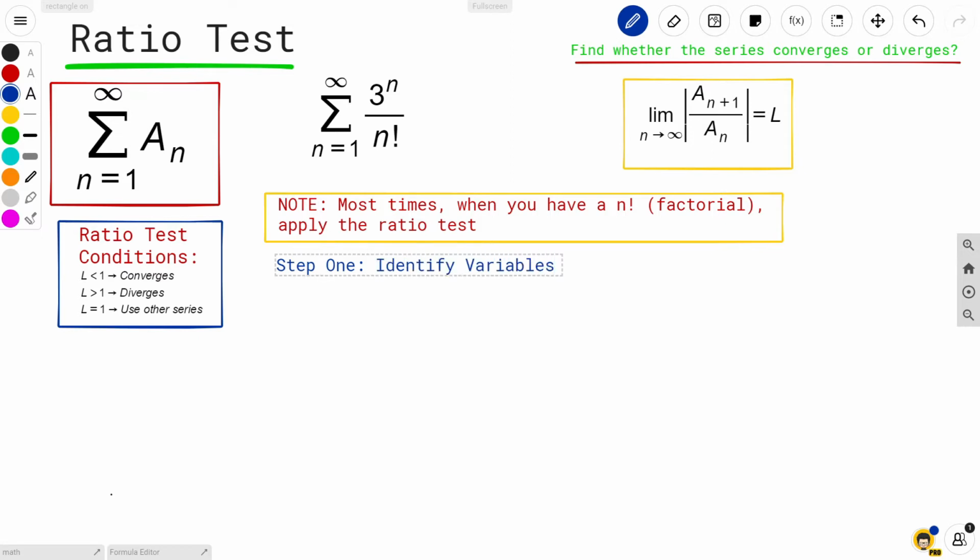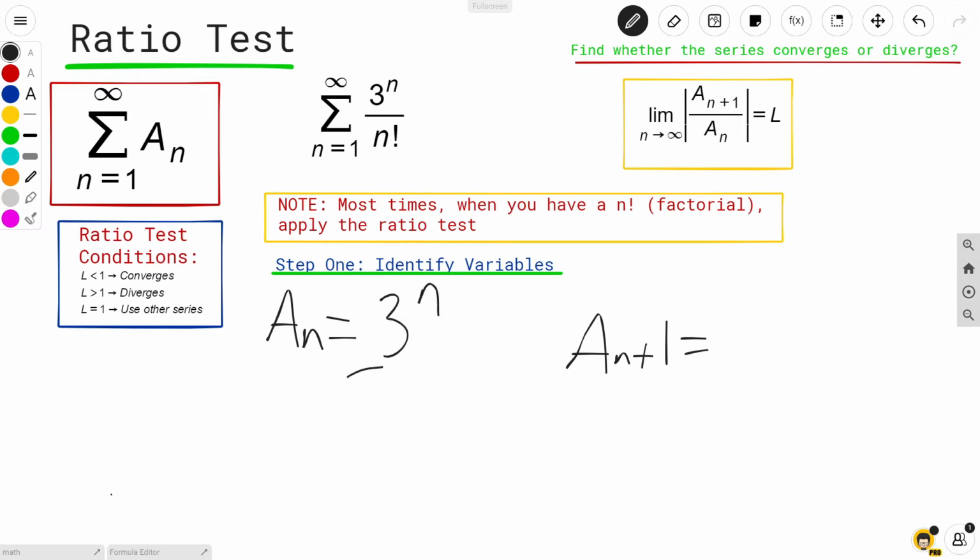So what are the variables in this case? Every time we're doing the ratio test, the variables are a sub n and a sub n plus 1. So what is a sub n? A sub n is simply what we're given, as noted here. So a sub n is 3n divided by n factorial.